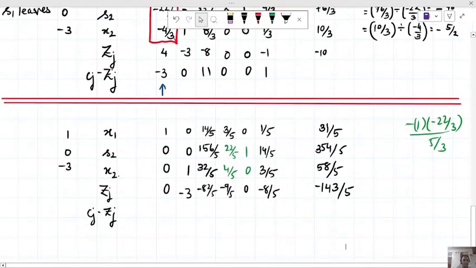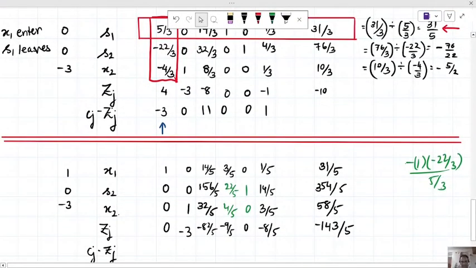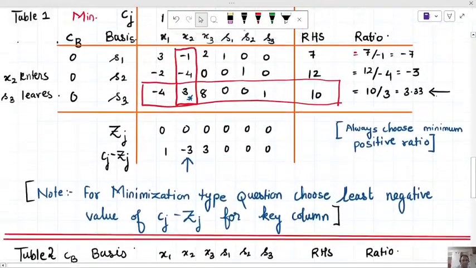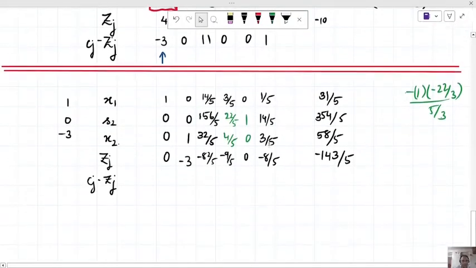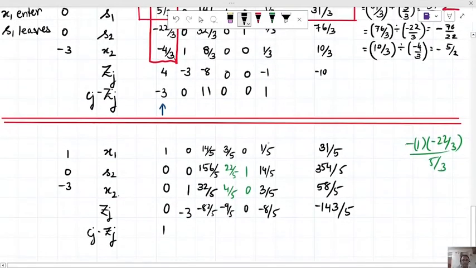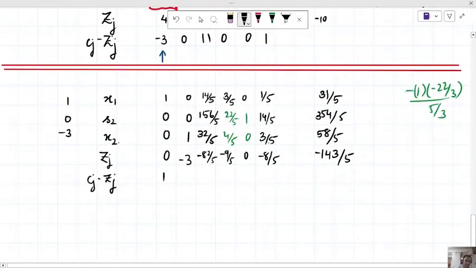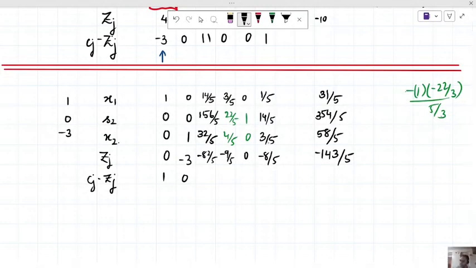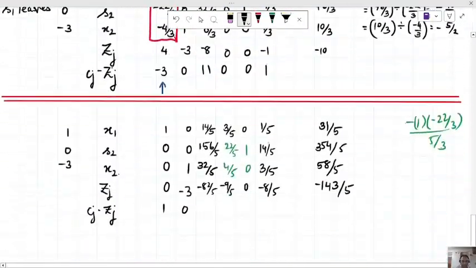Now let us calculate Cj minus Zj. Cj for the first row that we just wrote in the beginning is 1, and here we have got the value of this is going to be 1. Okay, second x2 Cj is going to be minus 3, and you have got minus 3, so Cj minus Zj, when you do, you get 0. X3 is going to give us 3 there in the Cj column.